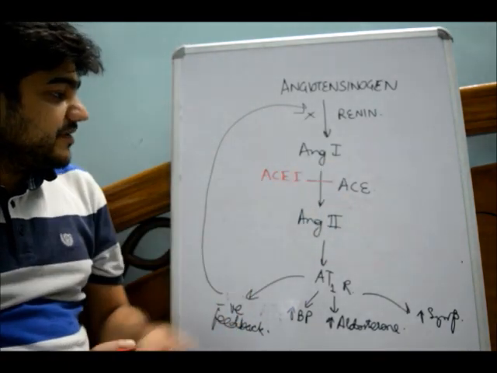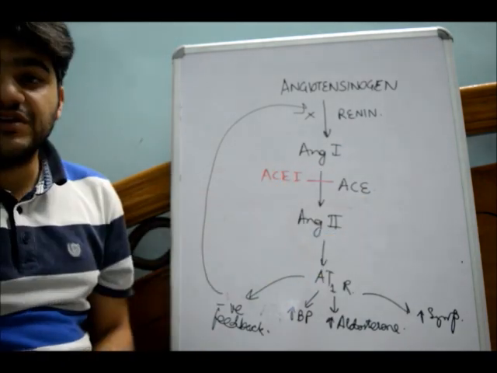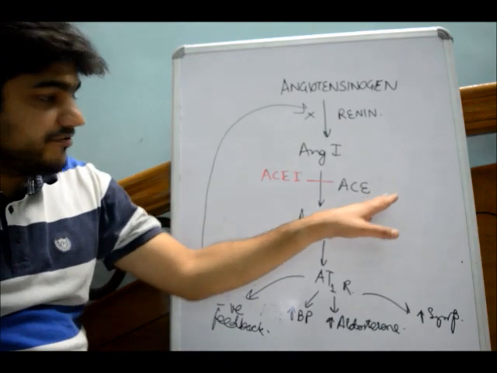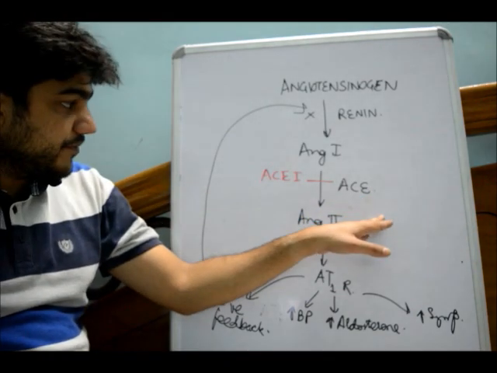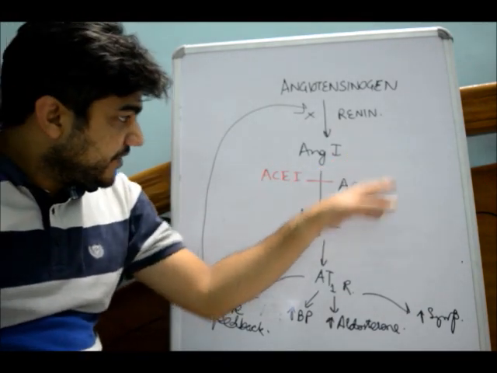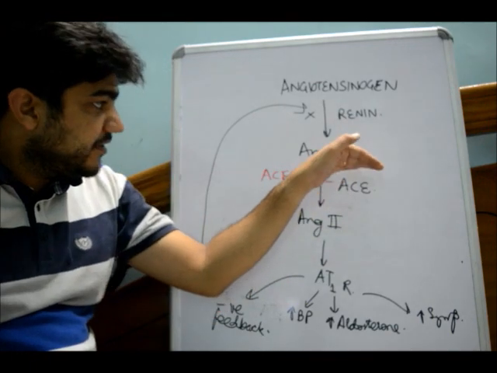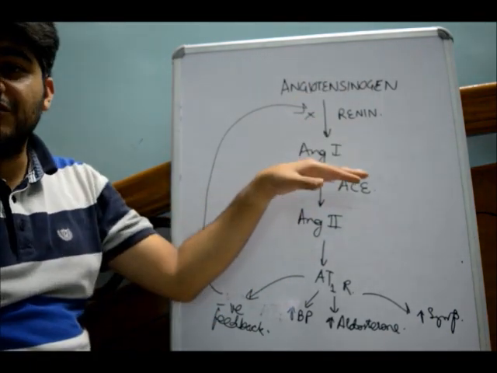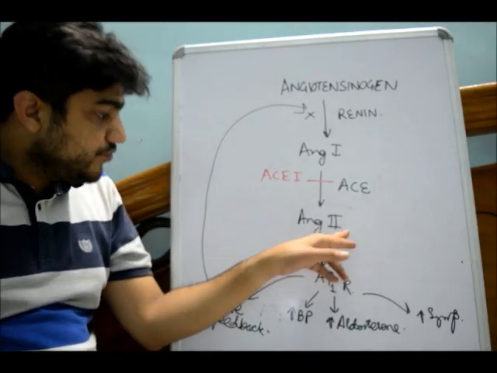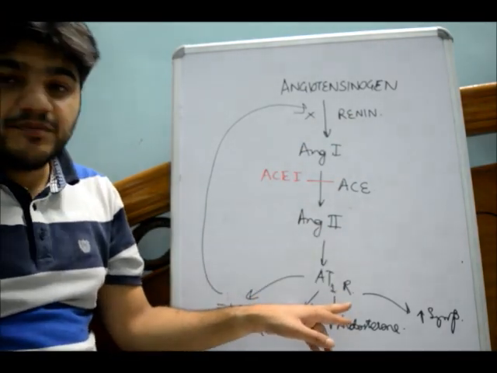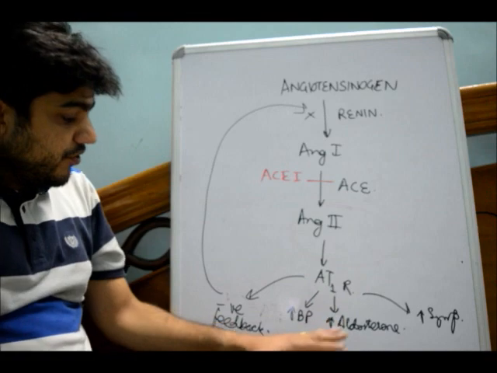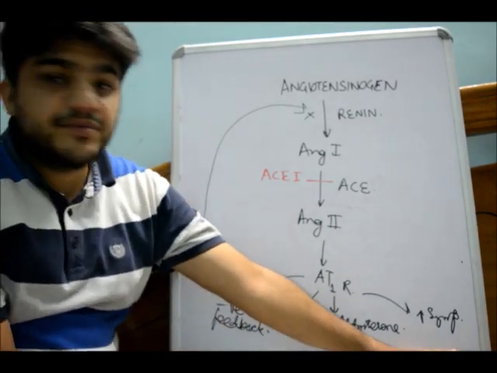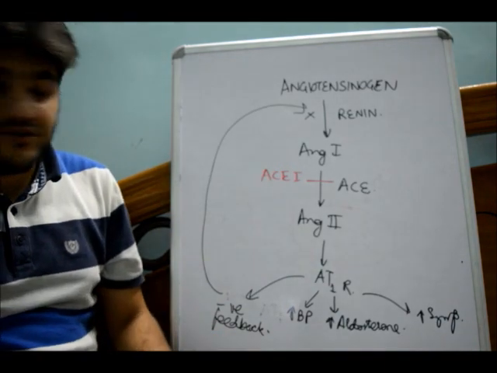When they block this step, the synthesis of angiotensin 2 by ACE is suppressed. The renin-angiotensin system is stopped at the level of angiotensin 1. Since angiotensin 2 is not produced, AT1 receptors are not stimulated, so all these effects, that is increased blood pressure, increased aldosterone, increased sympathetic tone, are all suppressed.